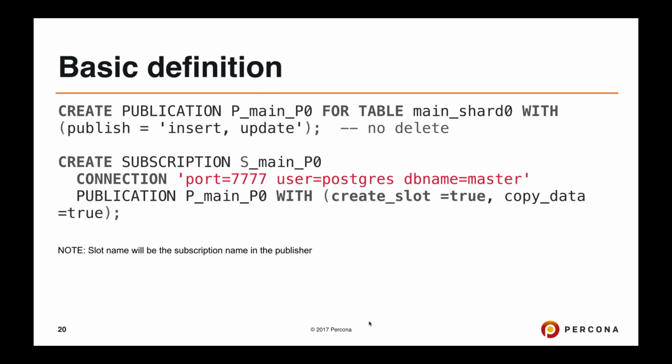And you can see here that when you create a subscription, you can tell if you want to reuse a specific slot from the origin, or if you want to create a new one, and if you want to copy the data. By default, it will stream everything out from the origin.